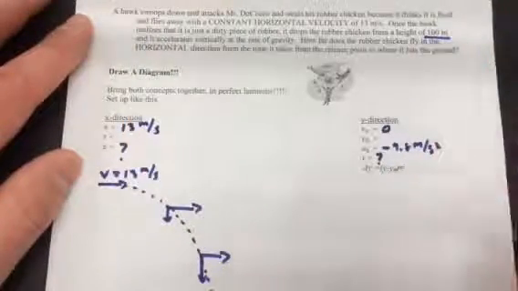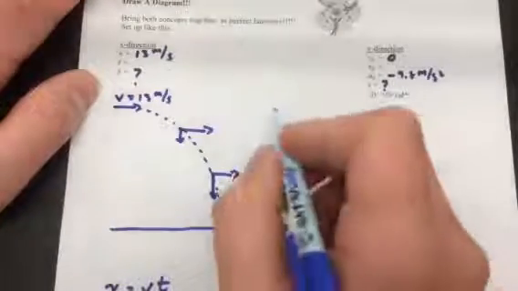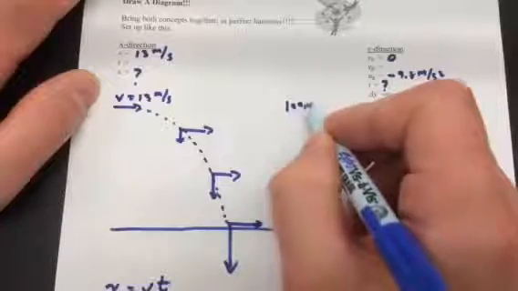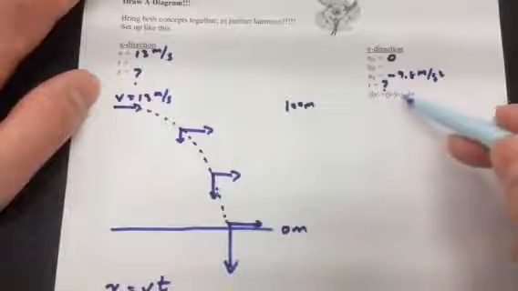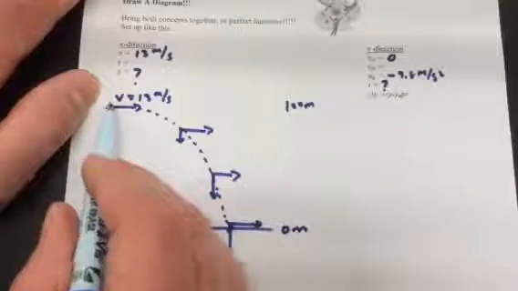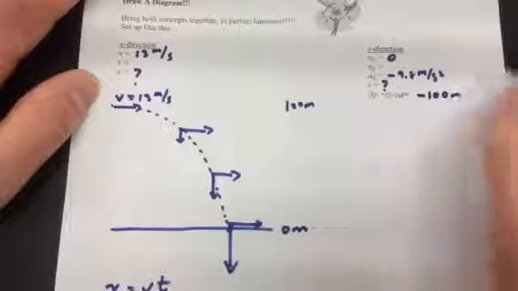Okay? If I look at the problem, it tells me that it was dropped from a height of 100 meters. So if I make the ground 0 meters and the point at which it was released 100 meters, the delta y, the final minus the initial, is going to be a negative 100 meters.